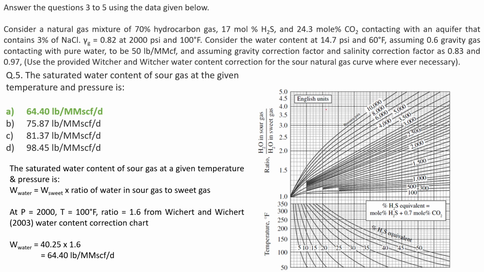For that we will need this water content correction graph. Here we will first need the temperature. The temperature is known to us, that is 100 degrees Fahrenheit. So in this graph we consider this line which is for 100 degrees Fahrenheit. Next is the curve for percentage H2S equivalent.